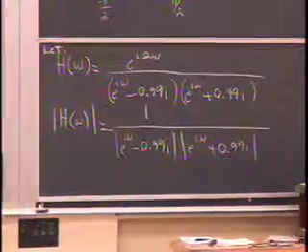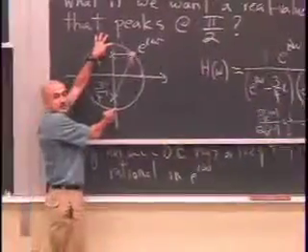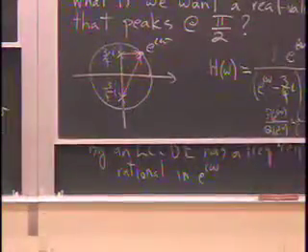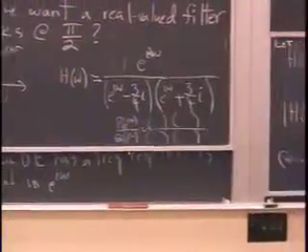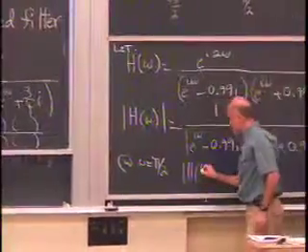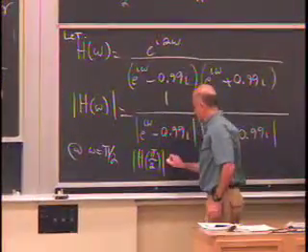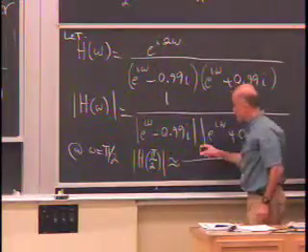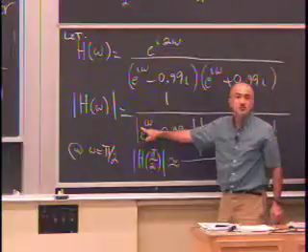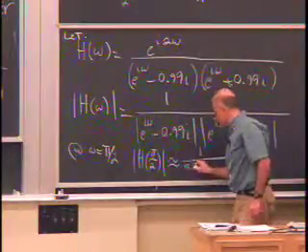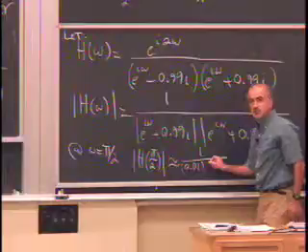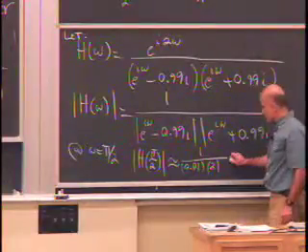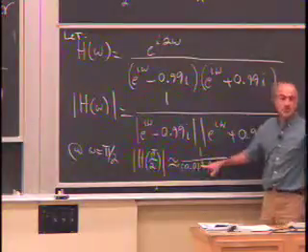Right? What do I get? 1 over, at omega equals pi over 2, the magnitude is approximately 1 in the numerator divided by, what's this one? 0.01 times about 2. Okay, it's just under 2, but about 2. So this 0.01 is going to dominate.